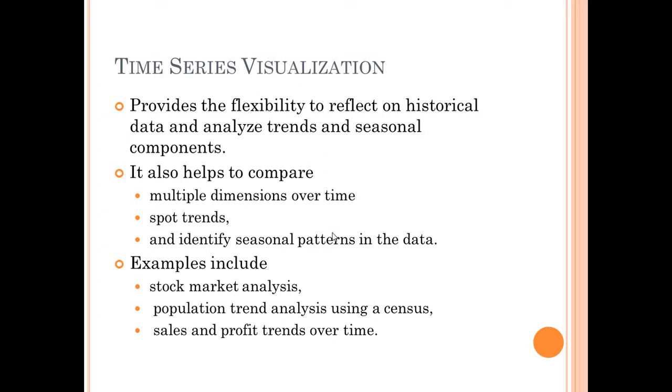Then next, it is also used to identify seasonal patterns in data. For example, if you observe sales for a particular product category increase in the winter season every year. Now examples are stock market analysis, population trend analysis, sales and profit trends over time.